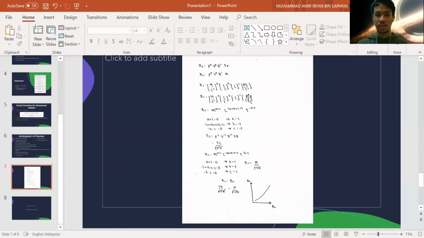So we put the dimension for the variables. Density is m over l cube. Velocity is l over t to the power of b, and diameter is l to the power of c.